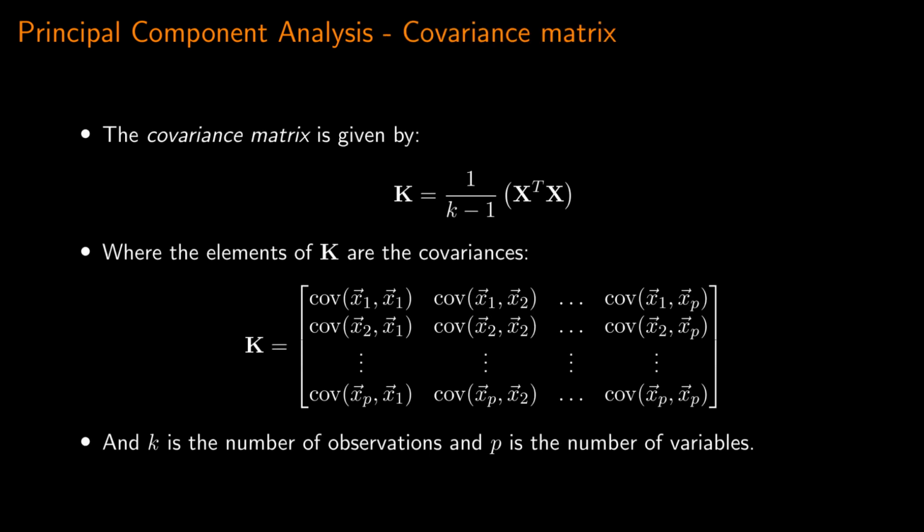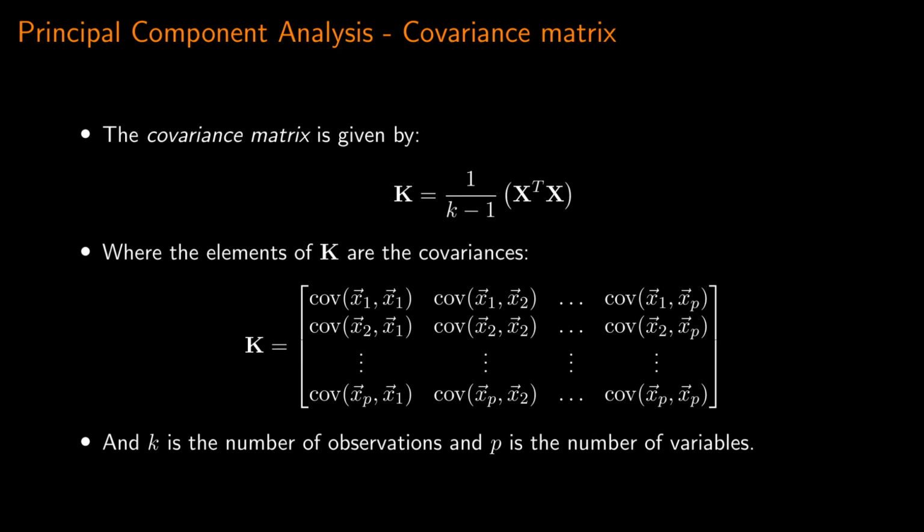The covariance matrix can be computed as shown here, as simply X transpose multiplied by X, all multiplied by 1 over k minus 1, where k is the number of observations. Note that this is often written as X times X transpose, the other way round to what I have here, but it depends on how the data are arranged. I have data arranged with a column for each variable, so it should be this way around.